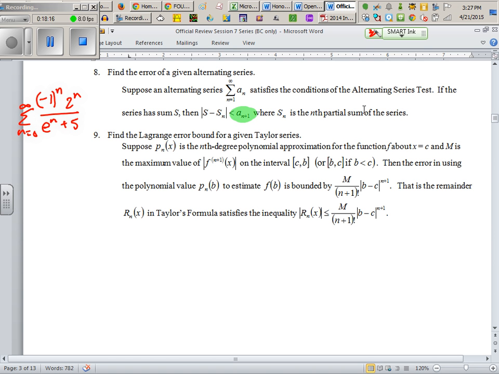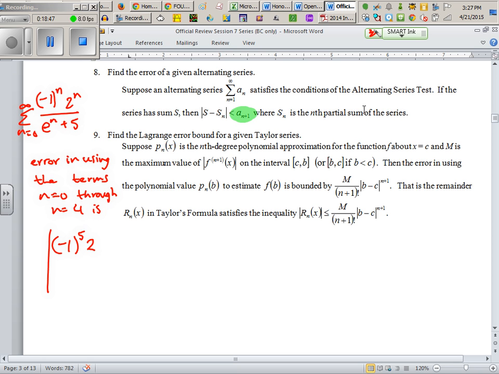The error in using the n equals 4 term, or I should say the error in using the terms n equals 0 through n equals 4, is simply this right here.